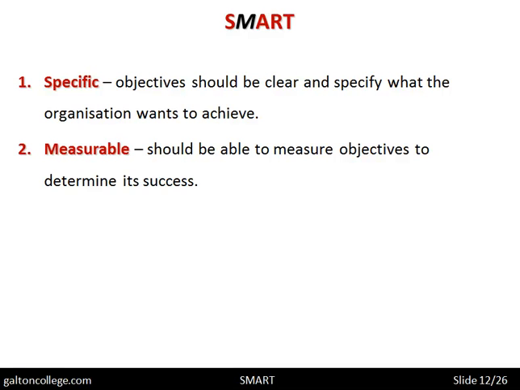There's no way in which we can tell if a particular course of action is successful unless we can measure its success. We may evaluate it subjectively, but it's much more preferable to be able to measure it objectively, if possible.